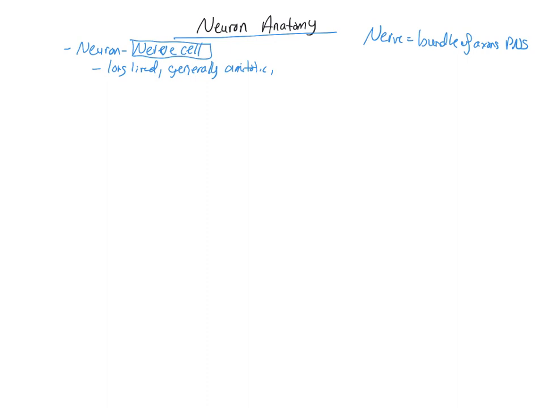Another key component of neurons is that they have a high metabolic rate. We need a lot of energy to run our brains and nervous system. In fact, they are the most energy hungry part of our body. Now, we got a bunch of different parts.